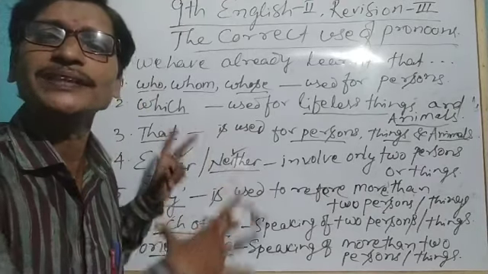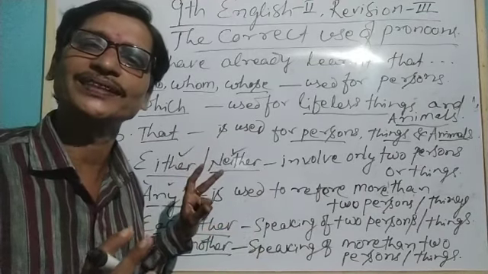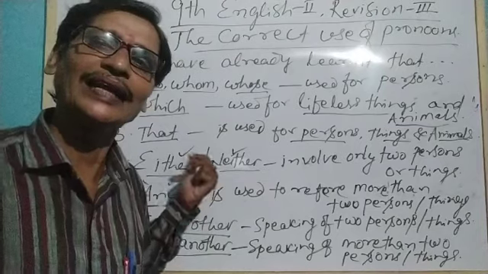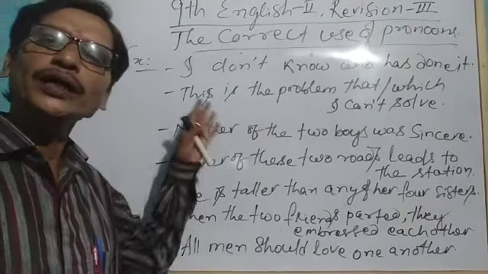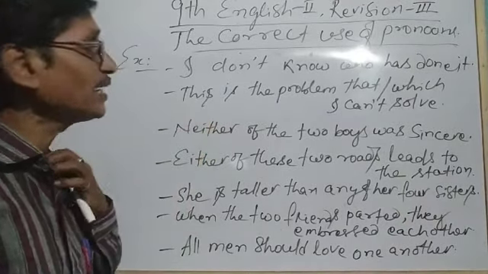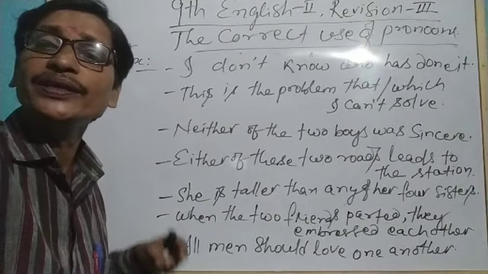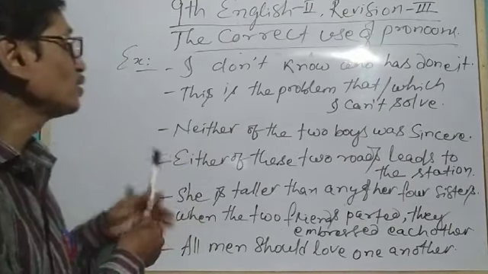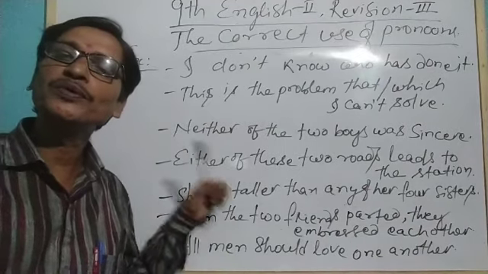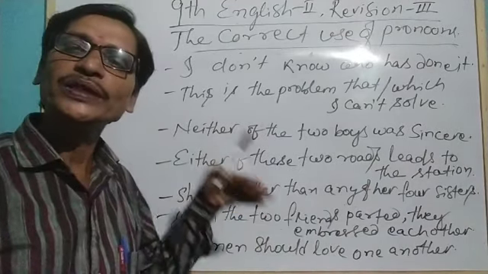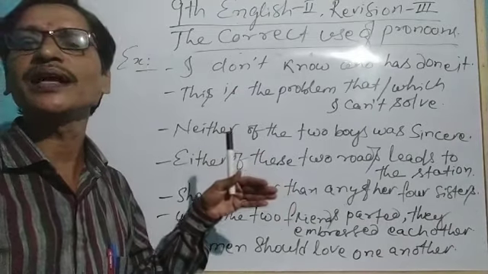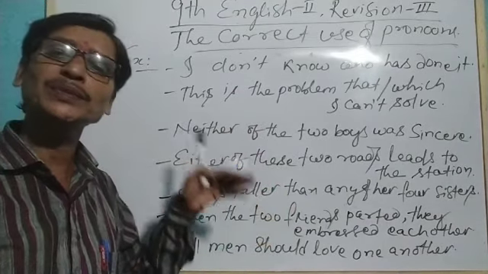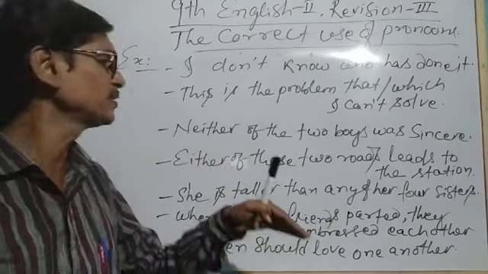Let me write some examples so that you can better understand. Here you see, we will understand how we are using the pronouns we discussed just before. We use who, whom, whose for persons, which for animals and lifeless things, and that for persons, animals and things.